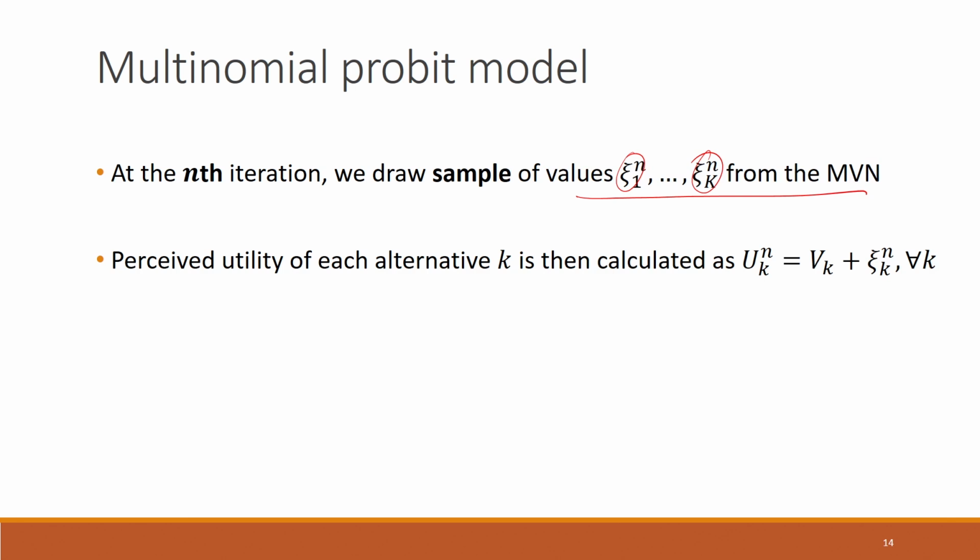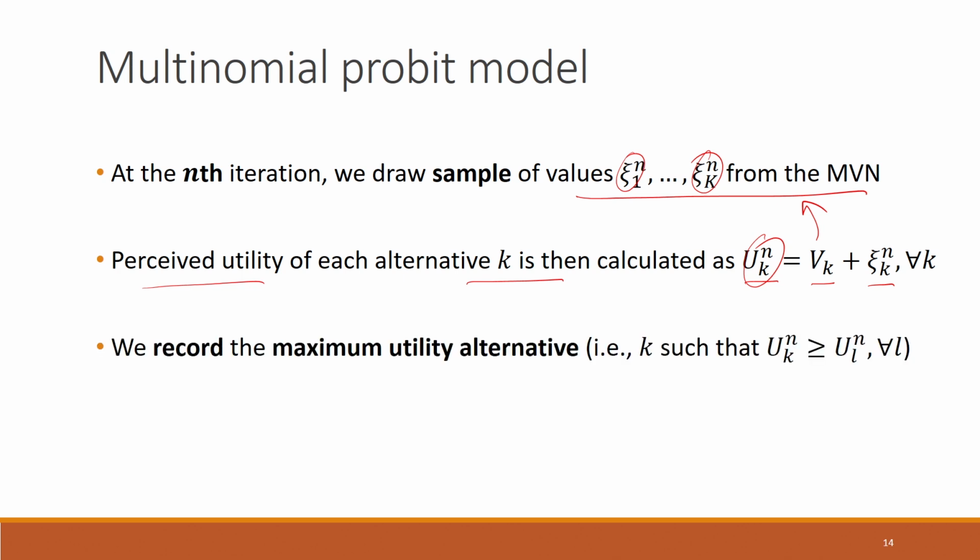Then we can calculate the perceived utility of each alternative, ukn, as vk, which is already given, plus the error term for the kth alternative at this iteration, which we just computed from the sampling process.